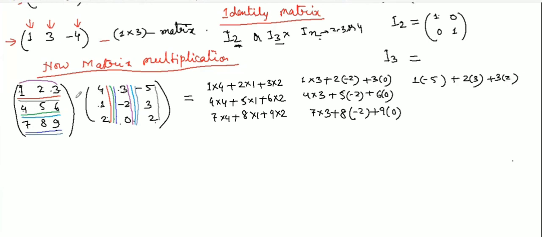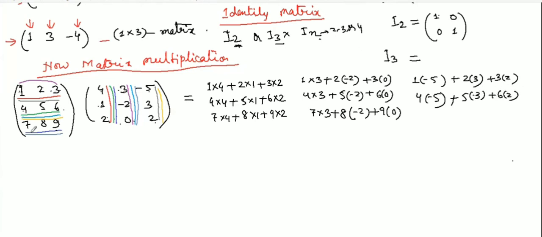Then take the second row and the third column. Write down 4 multiplied by minus 5 plus 5 multiplied by 3 and 6 multiplied by 2.